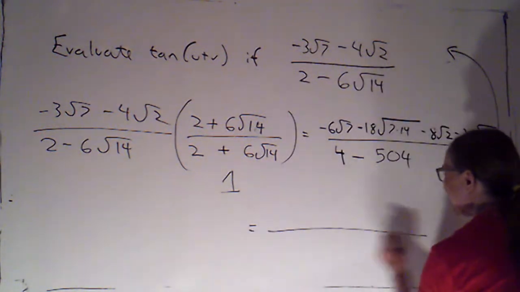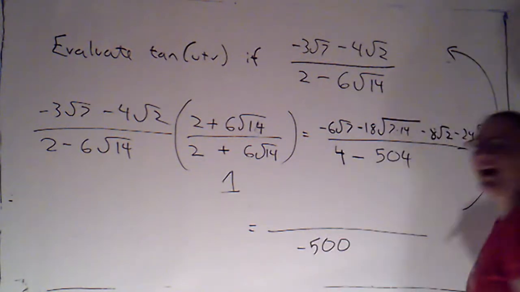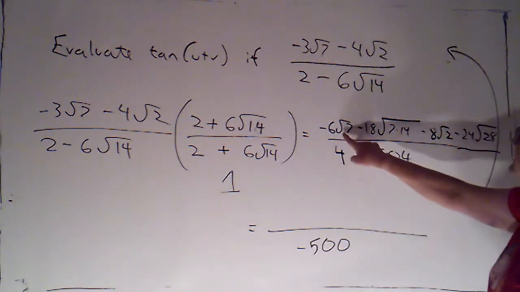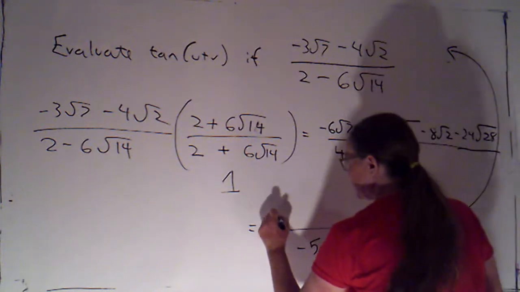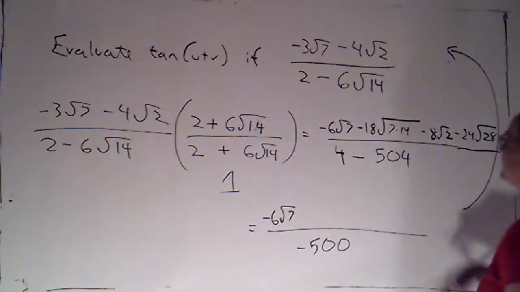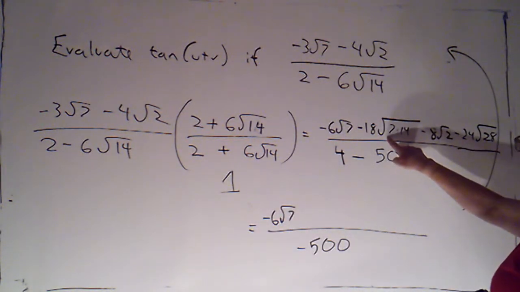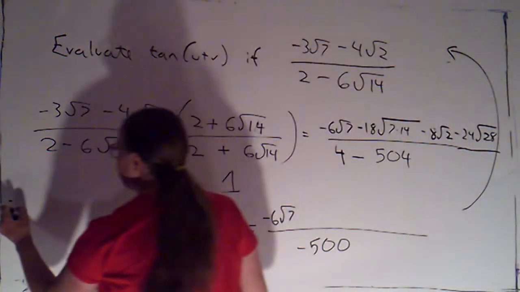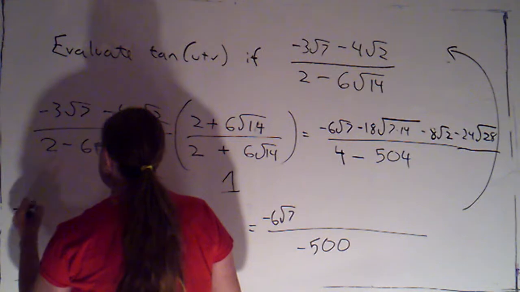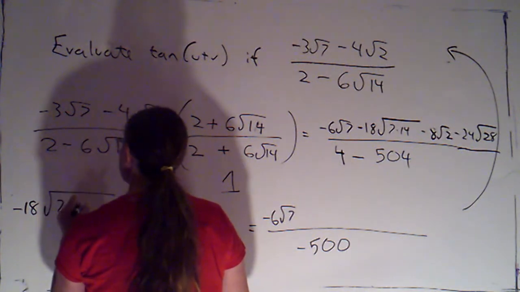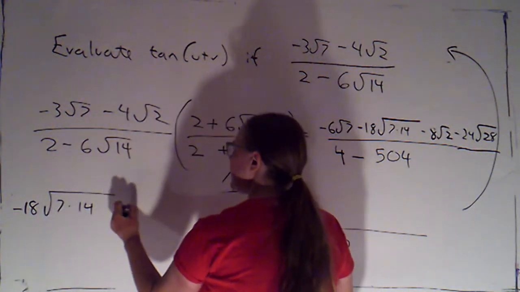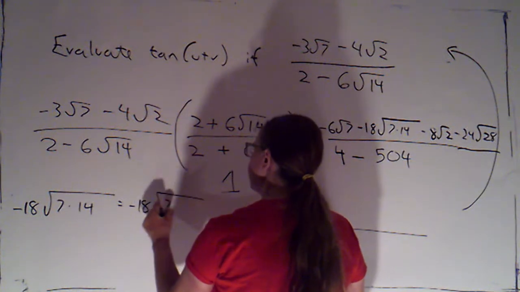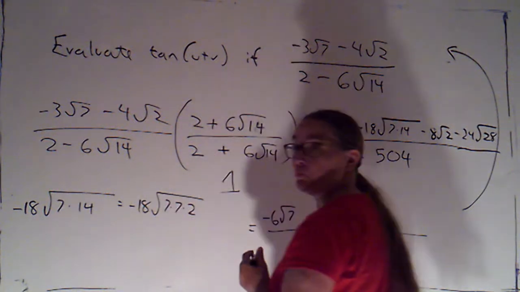All right, I've got negative 500 on the bottom. Negative 6 root 7 isn't going to simplify. There are no perfect squares under that. But this negative 18, 7 root 14, let me just come over here and work with that. Negative 18 root 7 times 14. That's the same as negative 18 root 7 times 7 times 2.